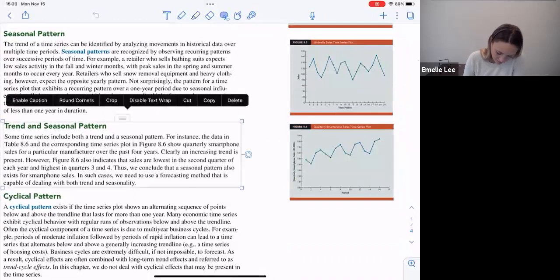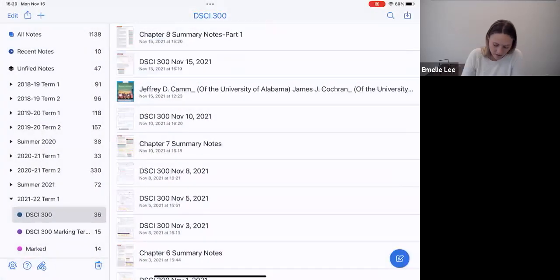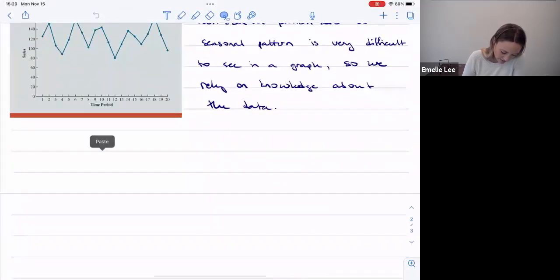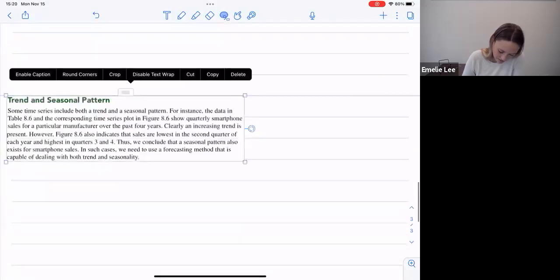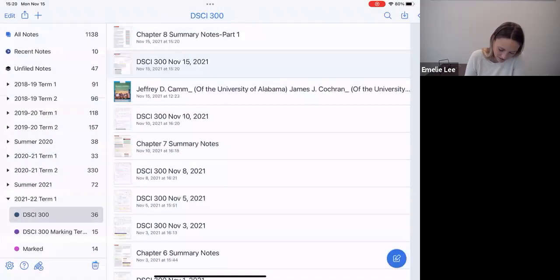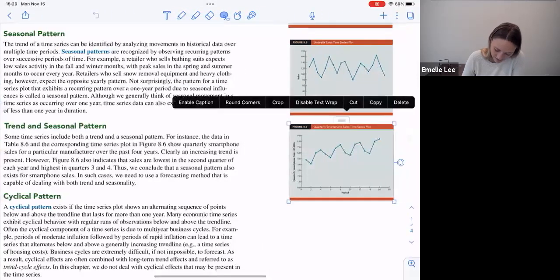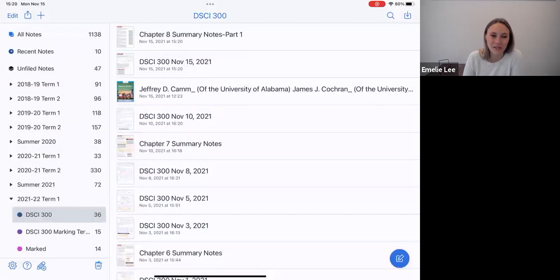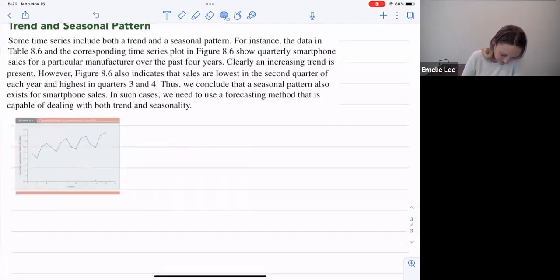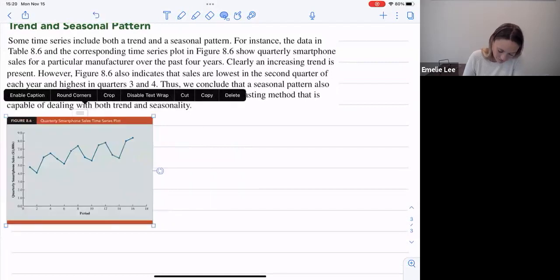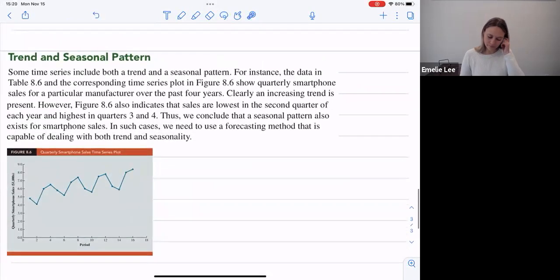What if we have a trend and a seasonal pattern? Oh my gosh, can you believe it? I bet you can. So we can have a combination of a trend and a seasonal pattern.